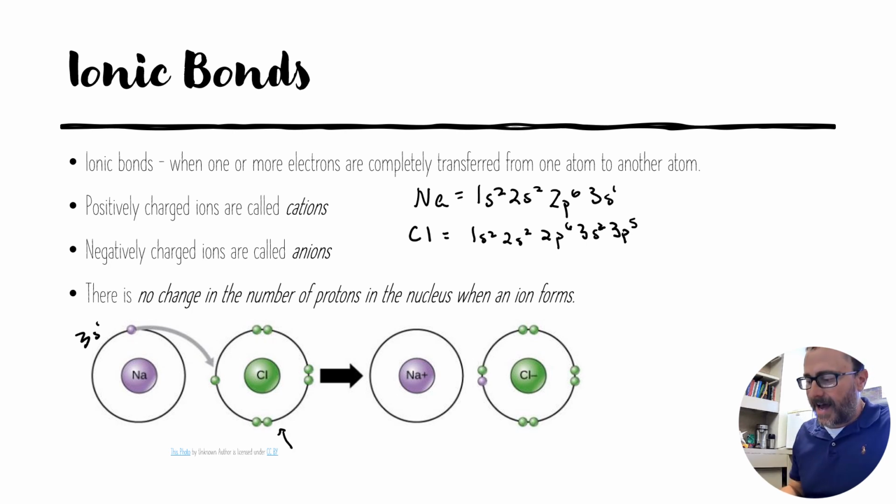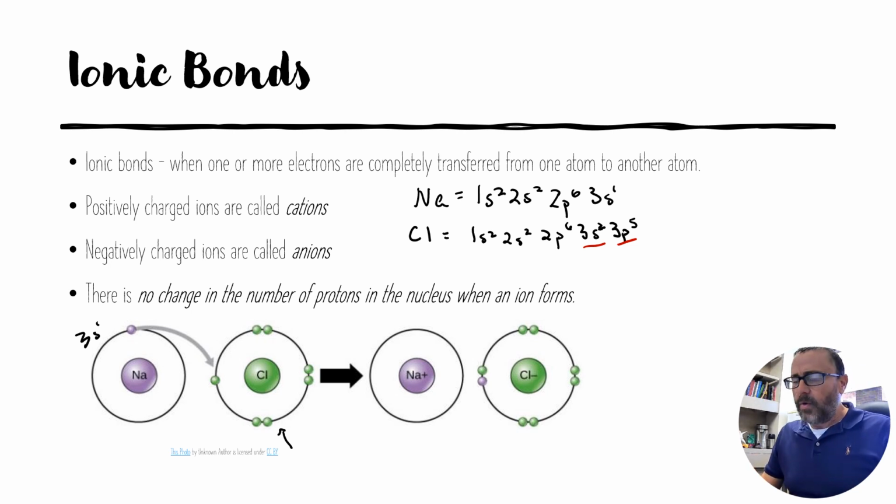They're the electrons in the highest principal quantum number, so that's why we're seeing 7 of them: the 2 from the 3s and the 5 from the 3p. All right, and what we find with ionic bonds is that the reason they occur is that everybody really wants to look like a noble gas, and wants to have 8 valence electrons.